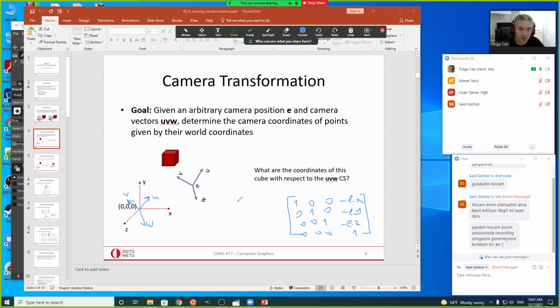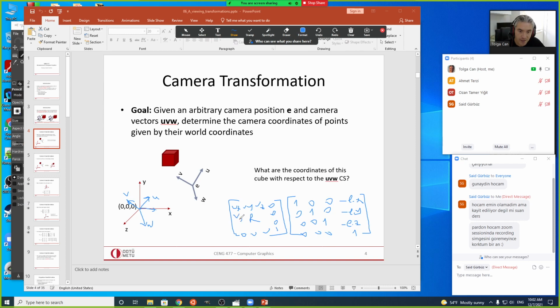After this transformation, the next thing we need is some kind of a rotation, so that U is now aligned with this, V is now aligned with this, and that rotation can be done in one step if this U, V, and W are given, since these are coordinate systems of this and they are given as orthonormal basis vectors. All you need to do is this R is simply Ux, Uy, Uz, 0, Vx, Vy, Vz, 0, Wx, Wy, Wz, 0, 0, 0, 0, 1.